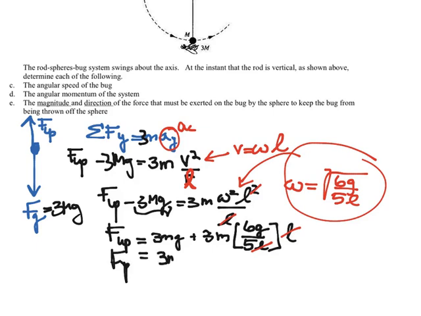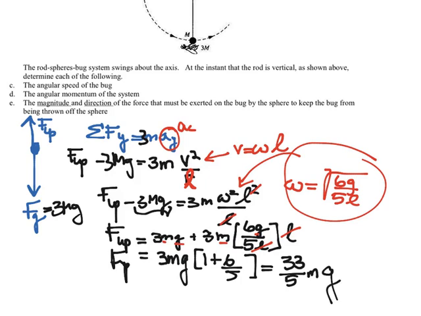Notice I can factor out an m and a g from each term. 1 plus 6/5. Okay, we know 1 plus 6/5 is, of course, 11/5, so we have 11 times 3, which is 33/5 mg. And this is the force with which the bug has to stick to the sphere in order to not fall off.